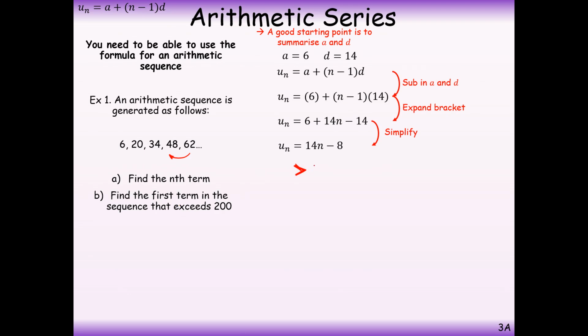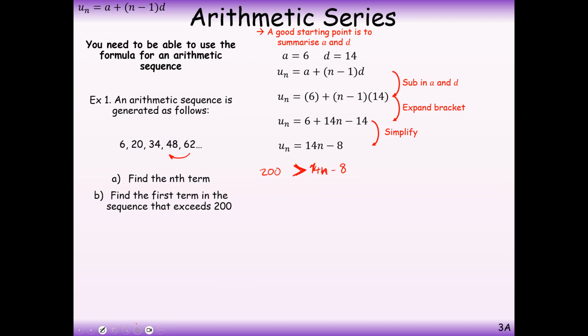When we solve it, we actually find the position first. So if we solve this inequality for n, the n will tell us what position it will be, and then we can substitute it and confirm what's the first term that would exceed 200.